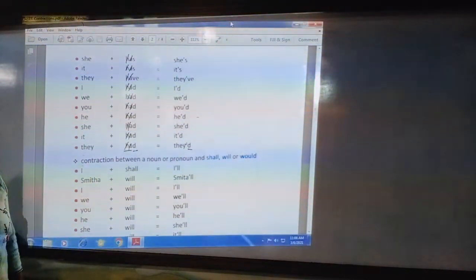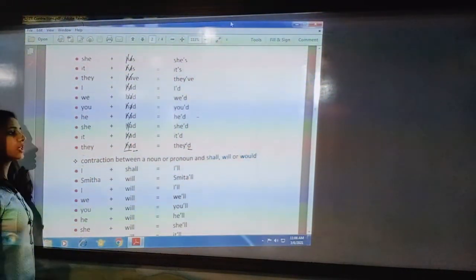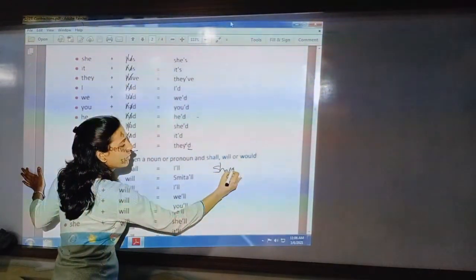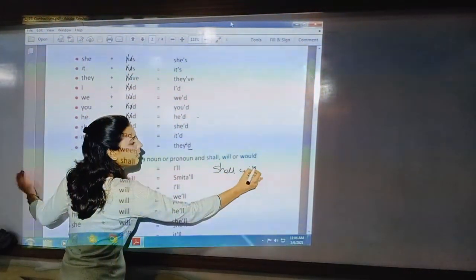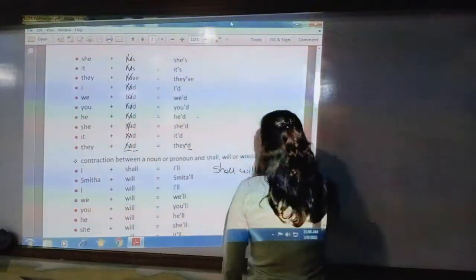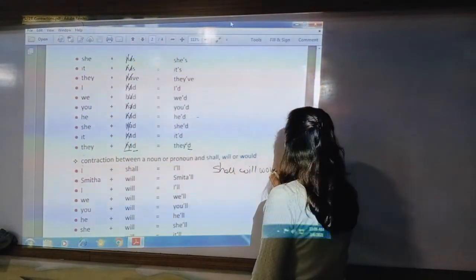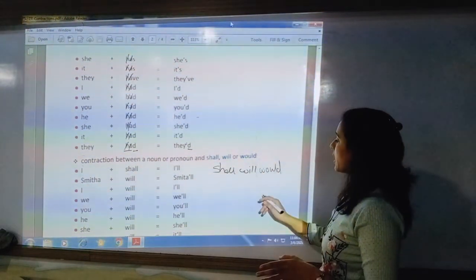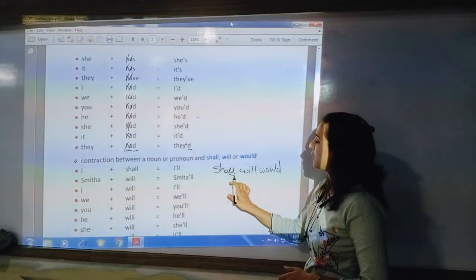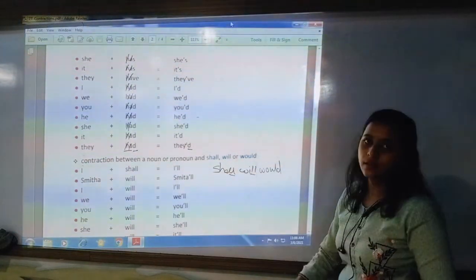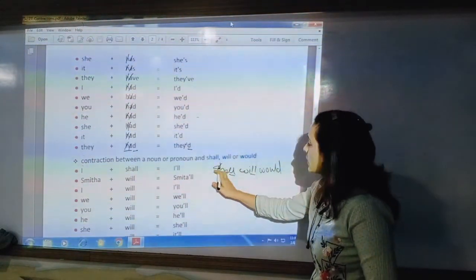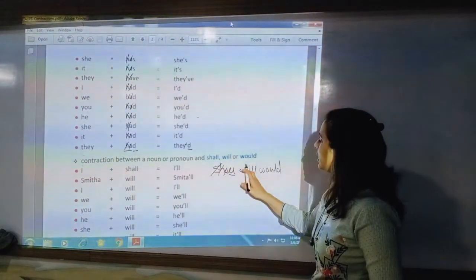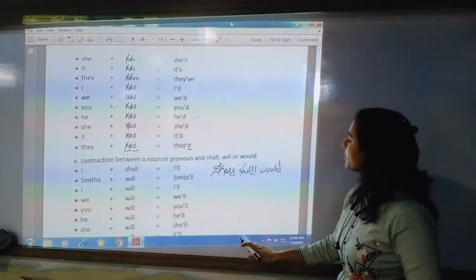Now when the modal auxiliary is given to you, shall, will and would, in that you have to keep only the last two letters. Shall, three letters will be removed. Will, two letters will be removed.